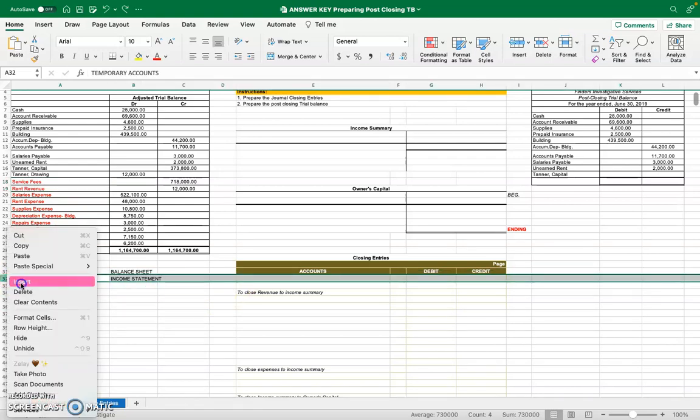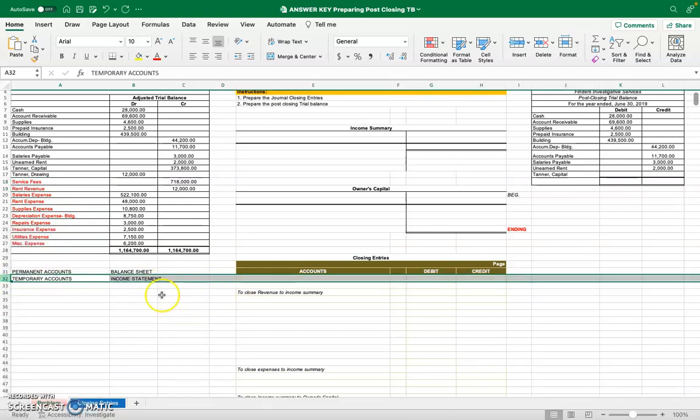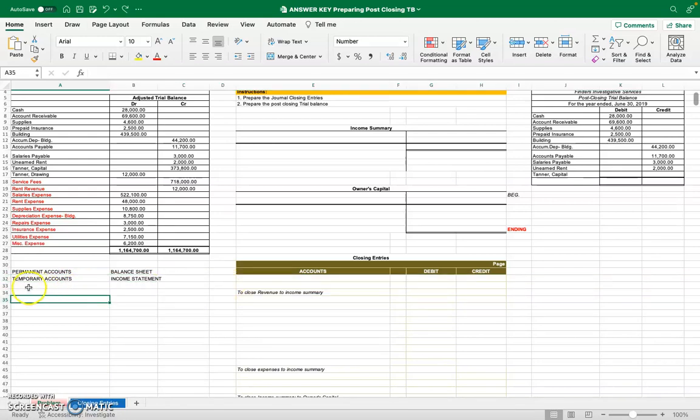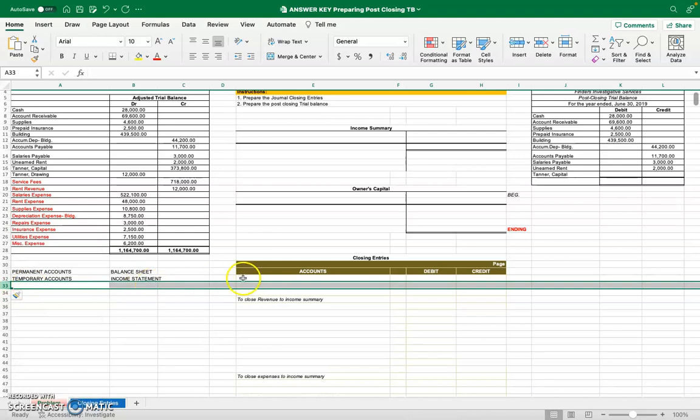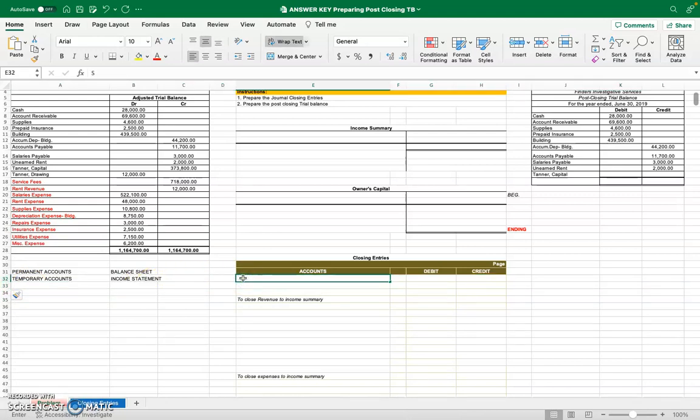Let me add one row here. So let's put here service fees and then rent revenue.